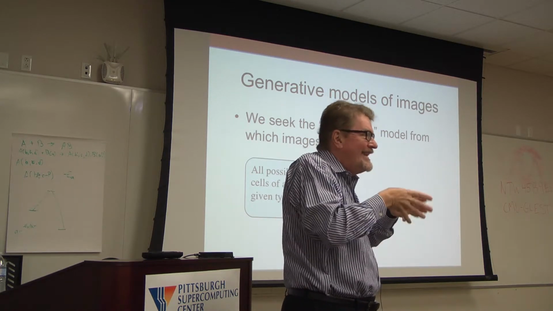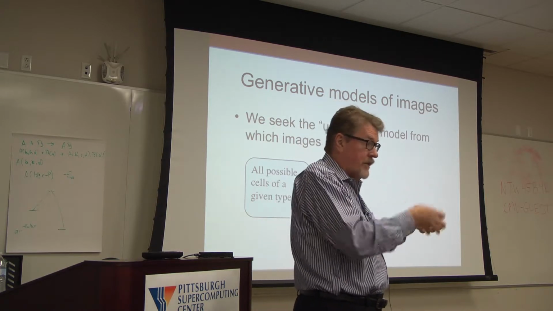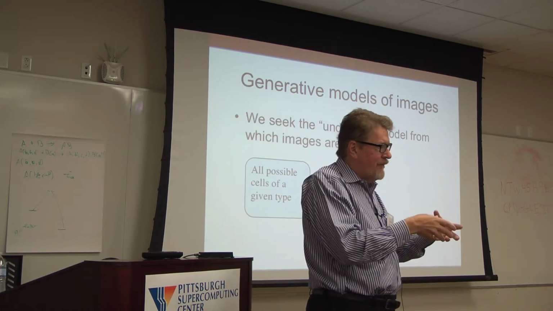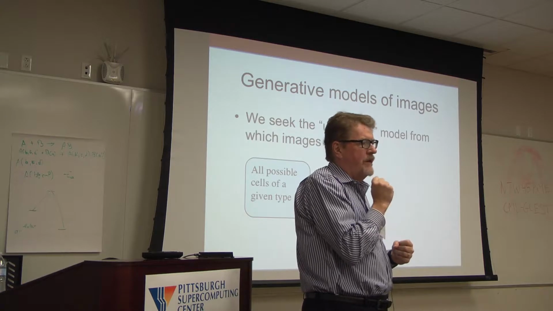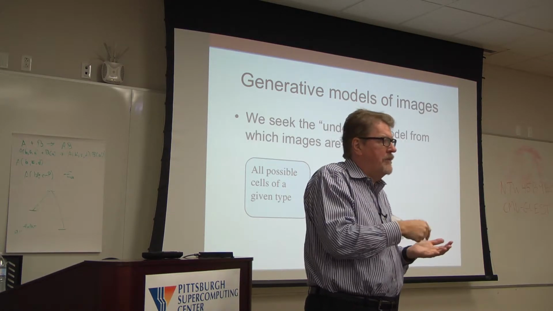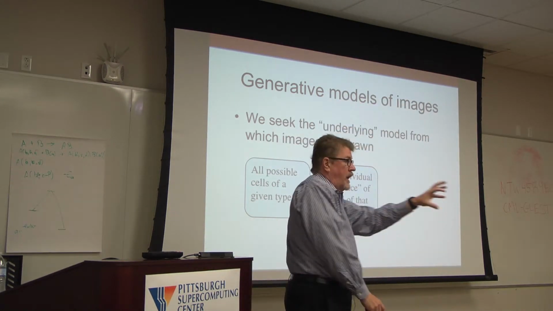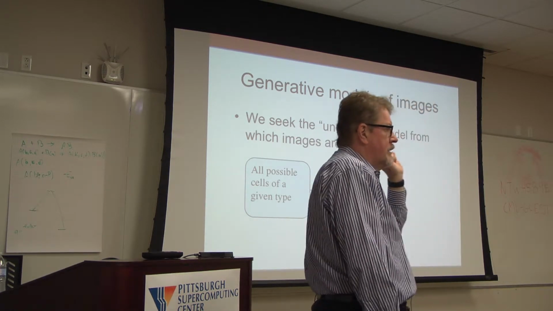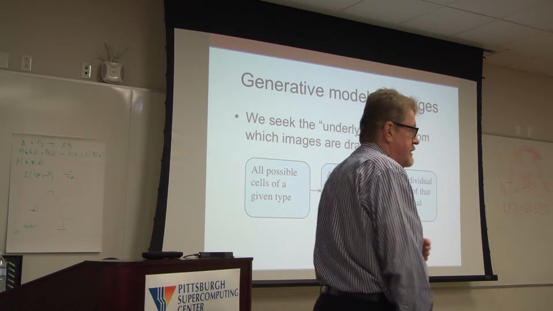So that is the underlying reality. Underlying reality is that there is a model constrained by the biochemistry of the cell from which each of those cells is choosing, okay, when it hits the plate. That's what we want to learn, is that model. Okay? Now, any individual cell draws from that model, and then we can take images of that cell.